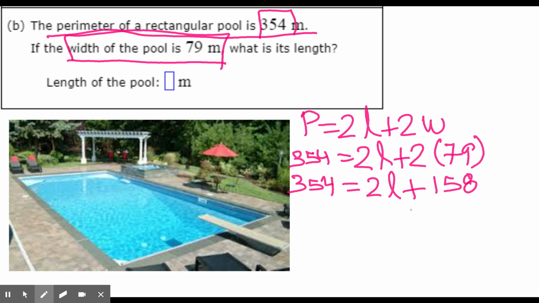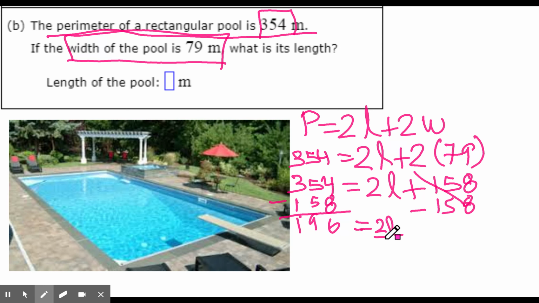And now when I subtract 158 from both sides, I get 196 is equal to twice the length, because this has canceled out.